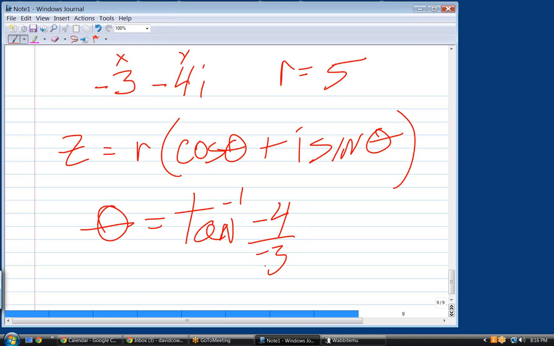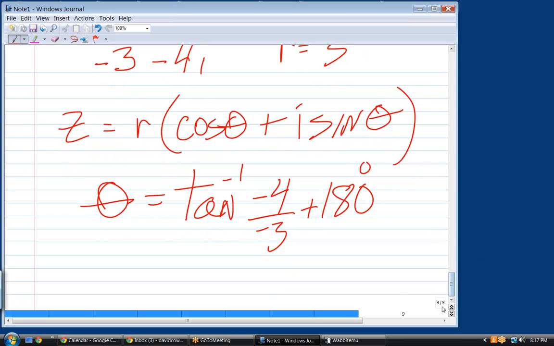Yes. Only because the bottom is negative, not because of the top. Regardless of what the top is, I've got to add 180 degrees if the bottom is negative. Okay. So that gives us 233. There's theta. 233 degrees. Or 4.07 radians.